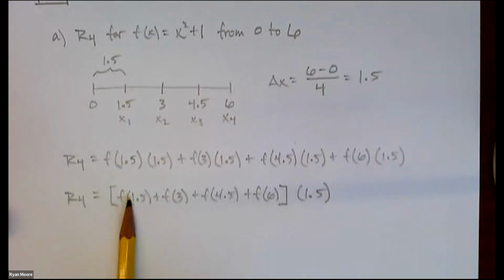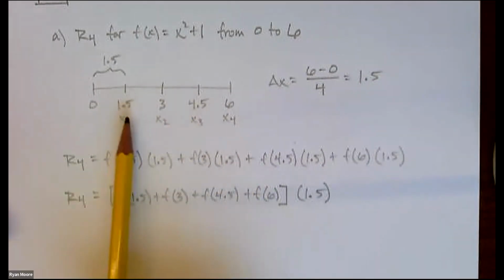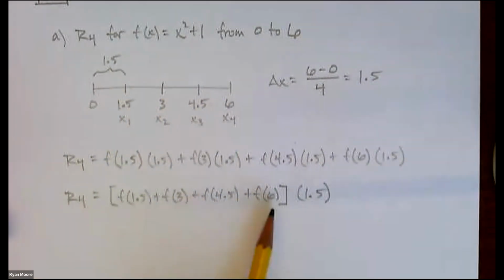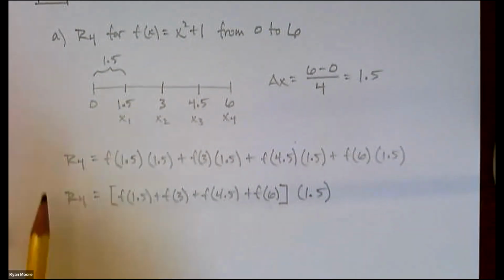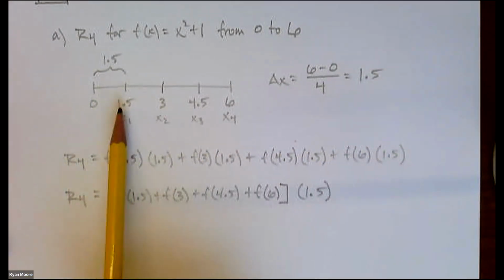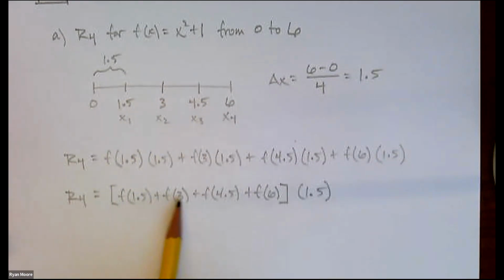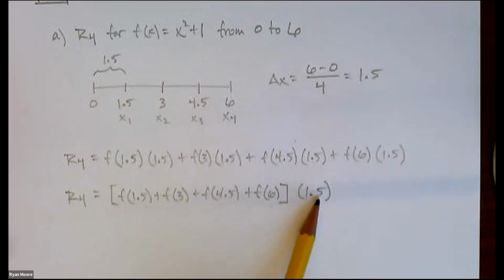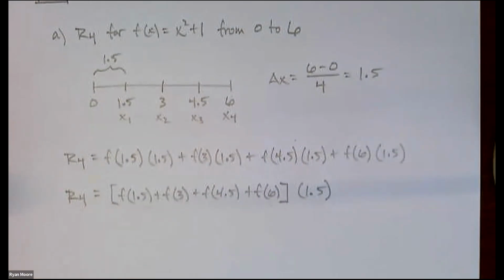I'm essentially just adding up all of the heights of my 4 endpoints and then multiplying that by 1.5. So in the future, maybe we can skip this first step and just say, once I know where the heights occur, add up all the heights and multiply by that one width. It would distribute to all of them.